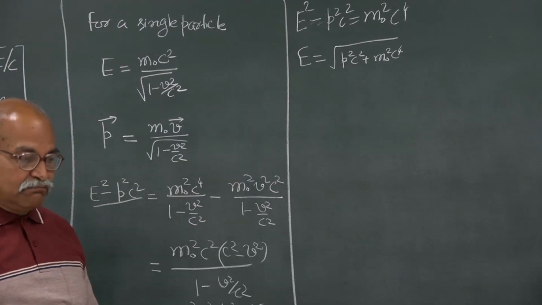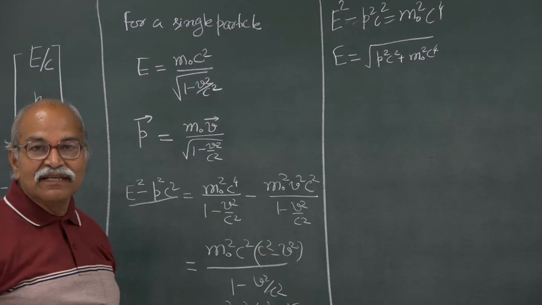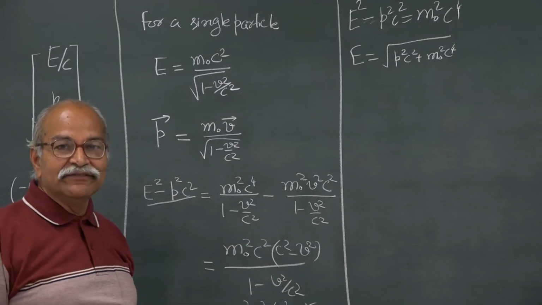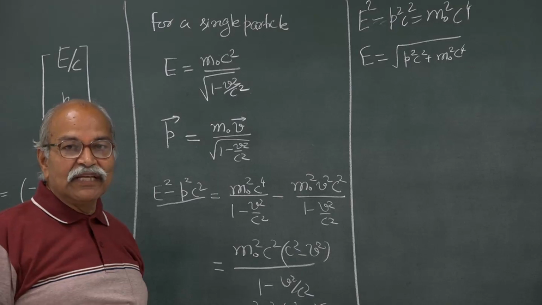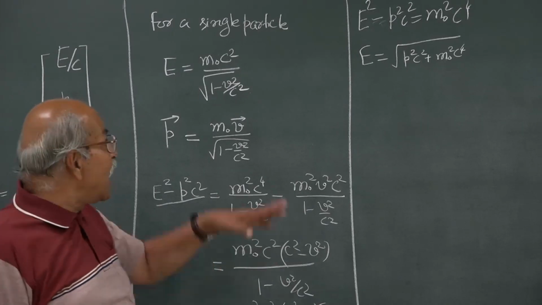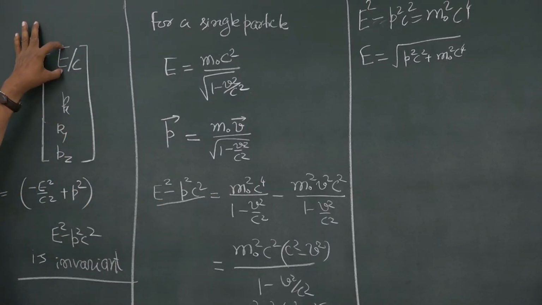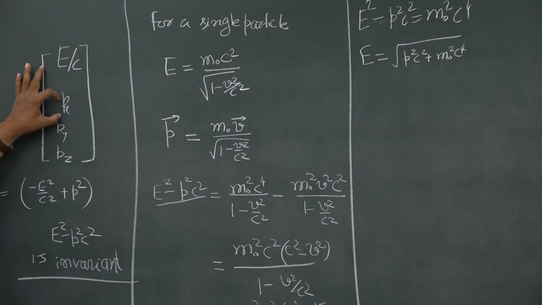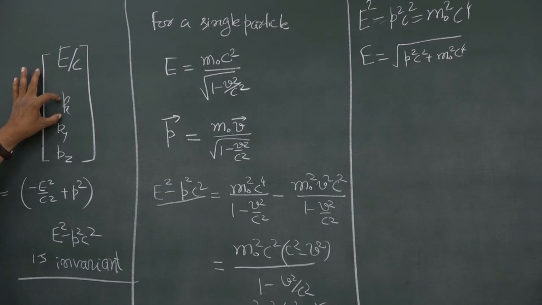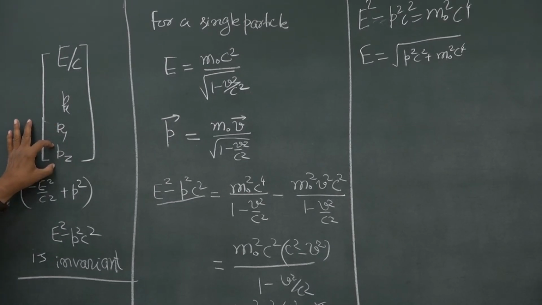If you have a combination of two different particles, and you write total energy E1 plus E2, and then total momentum P1 plus P2, you still have a 4-vector. The total energy of the two-particle system, the total linear momentum of the two-particle system x component, y component, z component.